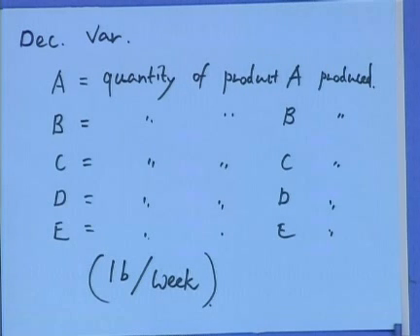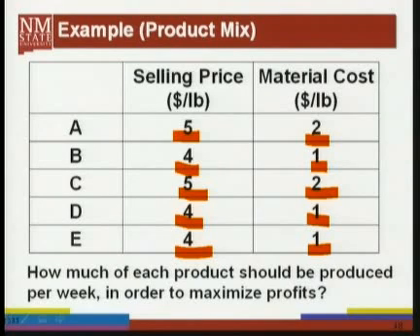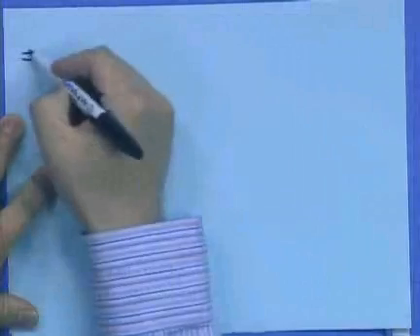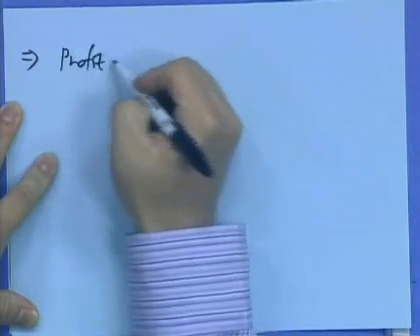Then what is our objective? To maximize profit, right? So maximize profit from manufacturing products A, B, C, D, and E. Is that right? Then how do you get the individual profit for each product? First, what is your profit? Selling price minus cost.